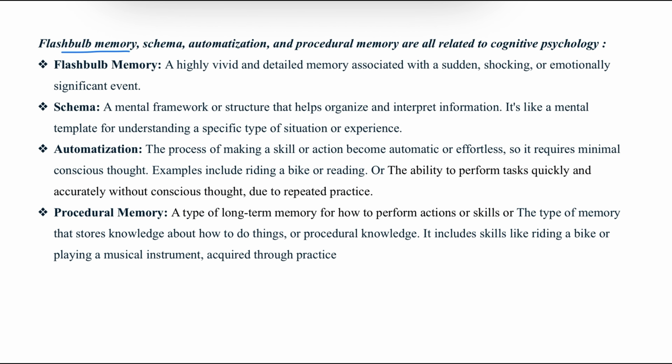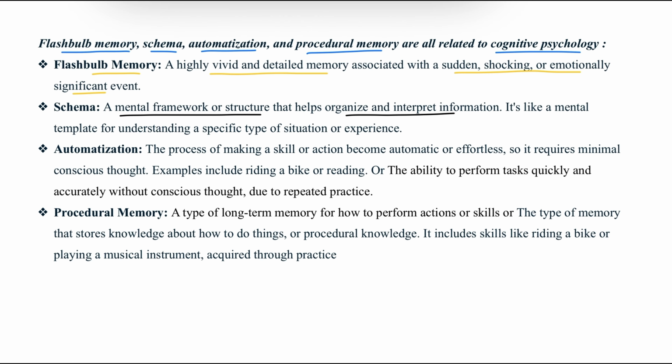Flash memory, schema, automatization, and procedural memory all are related to cognitive psychology. Flash memory, a highly vivid and detailed memory associated with a sudden, shocking, or emotionally significant event. Schema, a mental framework or structure that helps organize and interpret information.